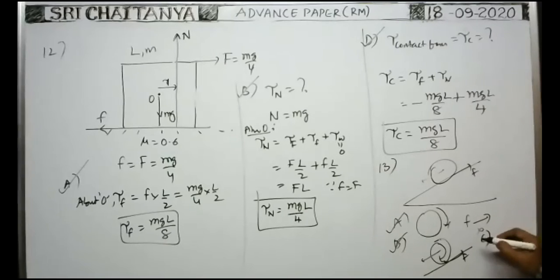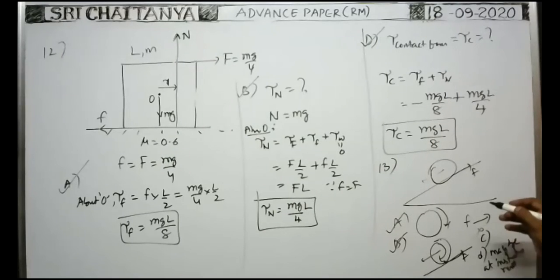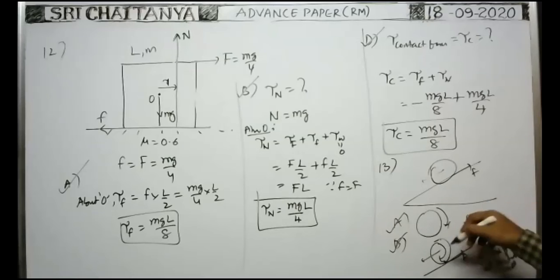So C is not correct. D: rolling upwards, rolling downwards, maybe at instantaneous rest. So these are the possibilities.